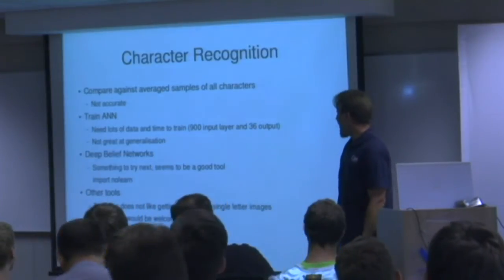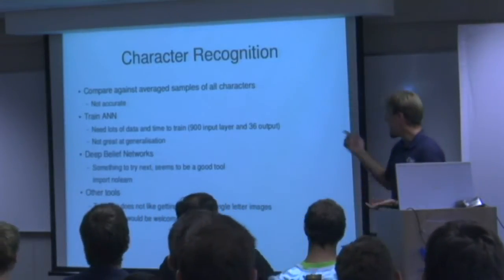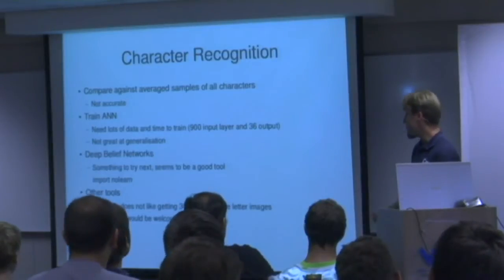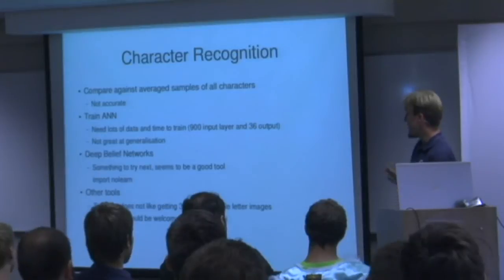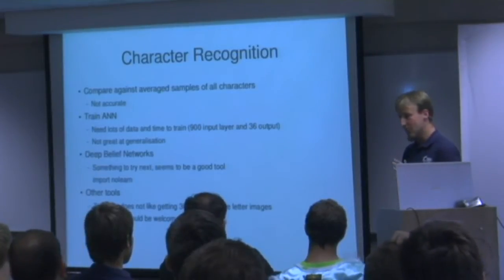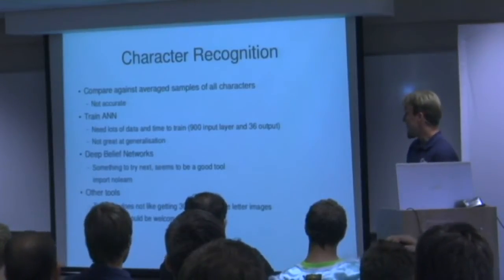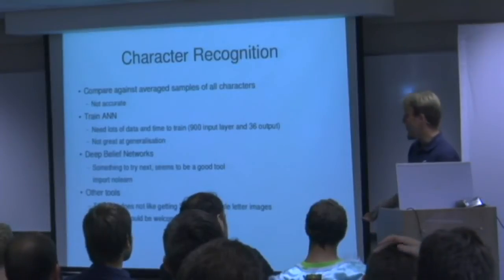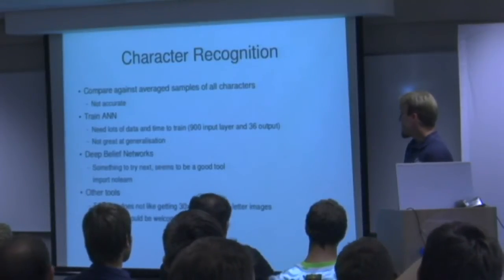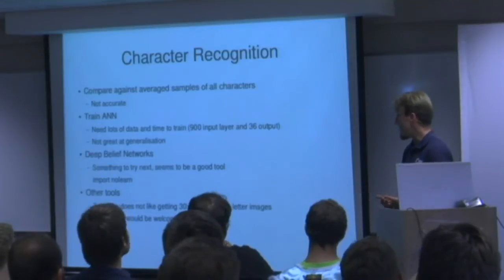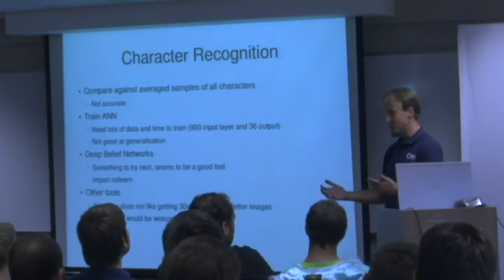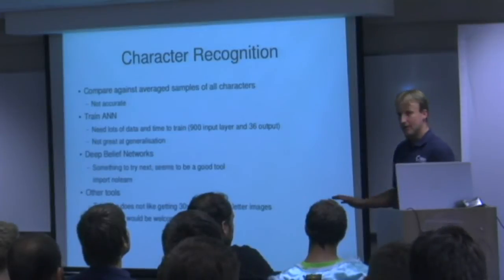Training an ANN worked better. We use a 30 by 30 image. We have 900 inputs, 36 outputs, and between 200 and 250 in the middle layer worked out most efficient. I assume it actually just memorized it and didn't really properly generalize. So what we saw is the ANN that we built with the C++ code works great on the 2 cameras we trained it on. It really has about 99% accuracy.